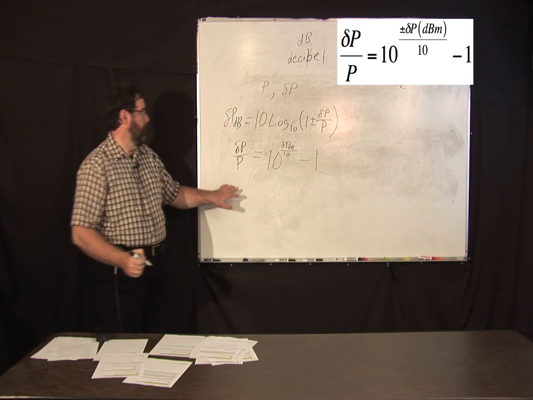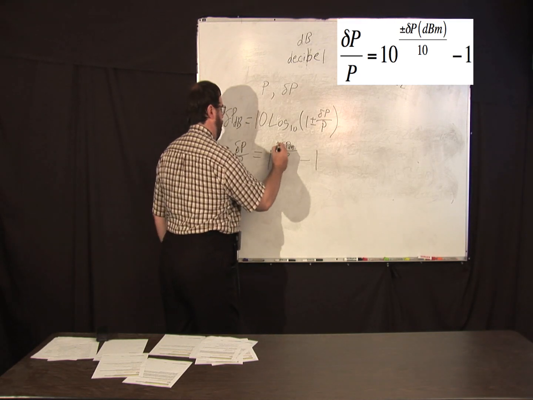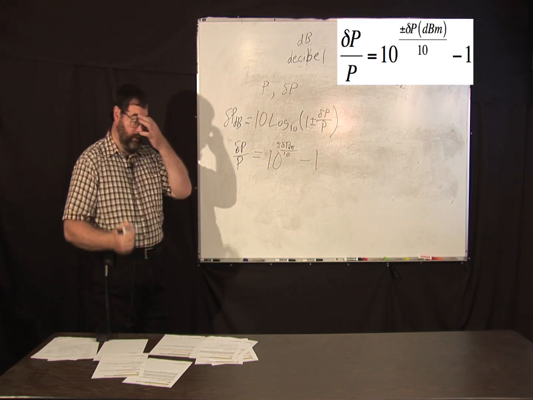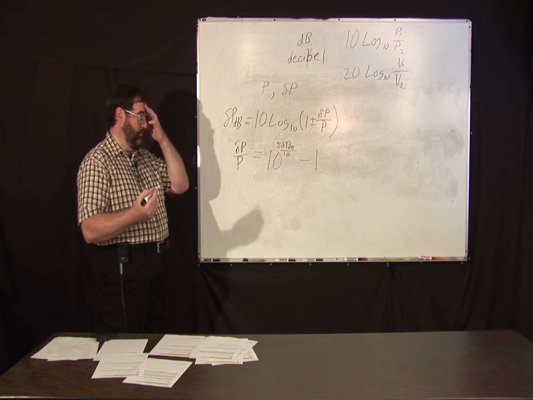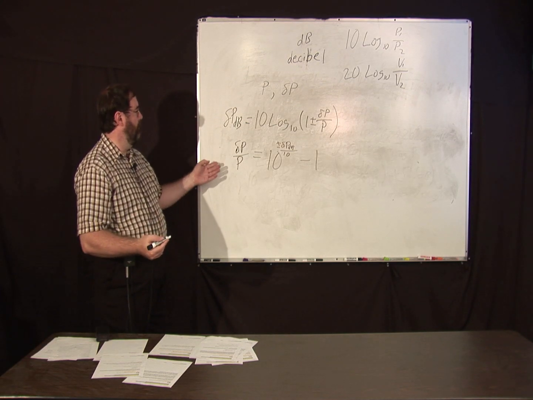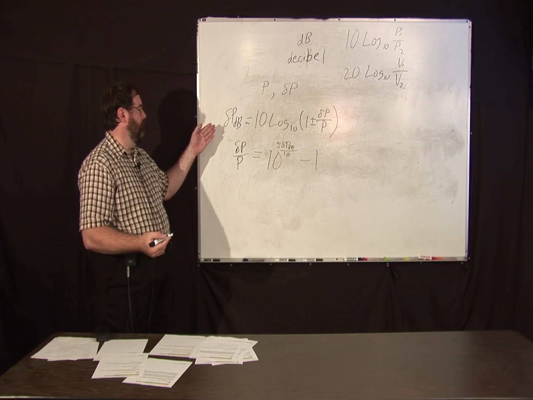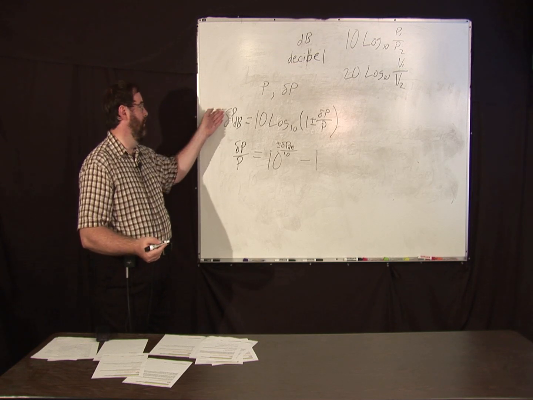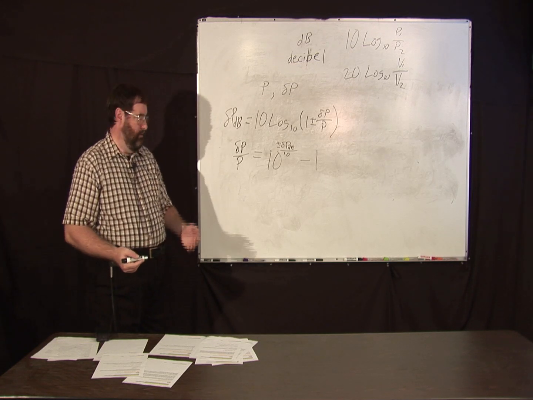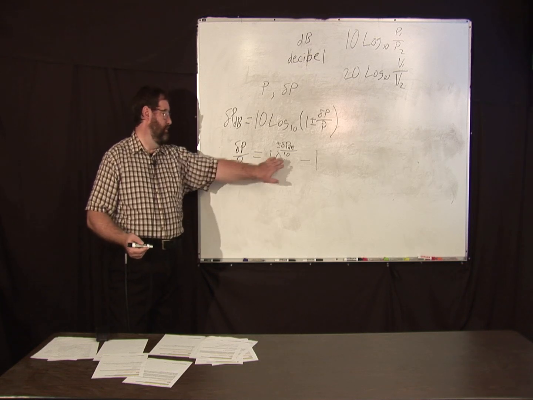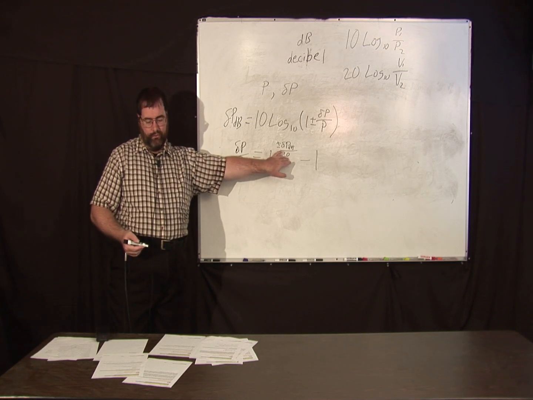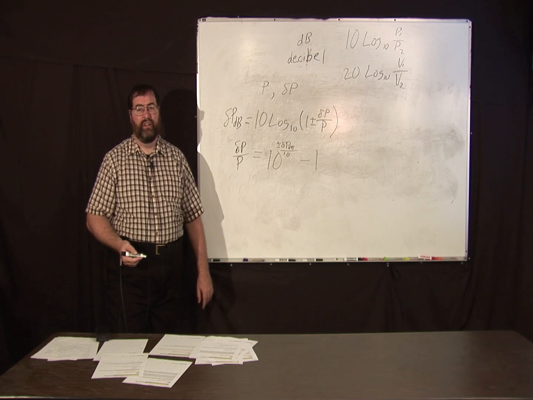And this is plus or minus. So now you can convert uncertainties of your measurement from either uncertainties in dB or uncertainty in watts. You can do something similar for voltage. You just change this from 10 to a 20 for voltage.